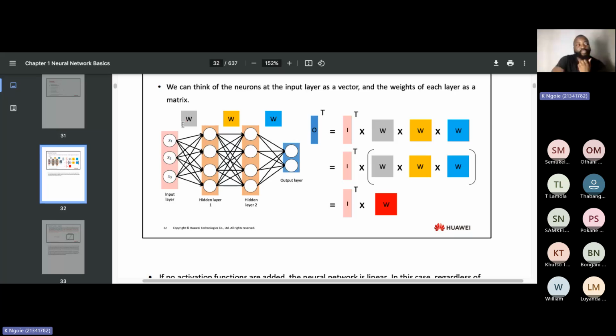This 16 needs to be multiplied by the weight that the machine is going to be creating here. So that weight can be 0.1 or 0.2. If you multiply 16 by 0.2, that will give you 3.2. Can you see that the value has reduced? We went from 16 to 3.2.